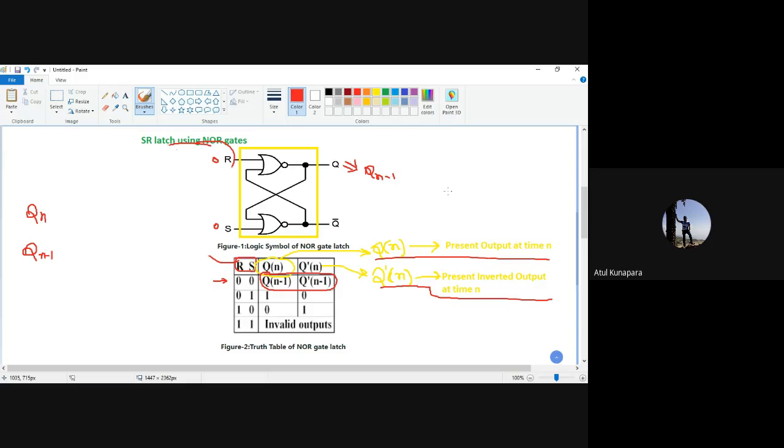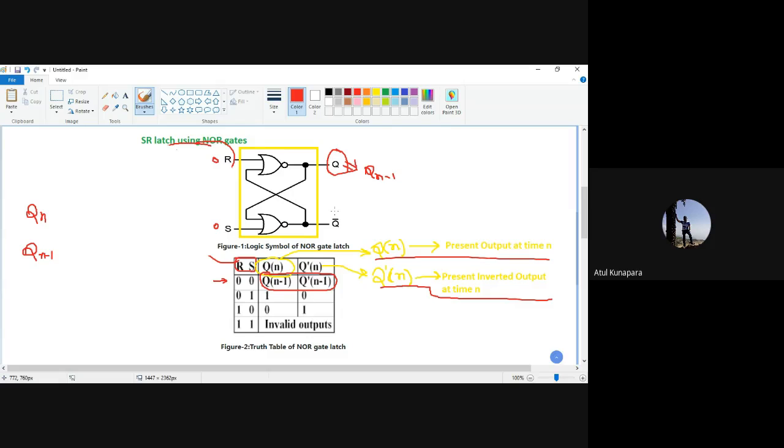So in short, whenever you give 0, 0 input for R and S both, at that time your output is not going to change. By writing Qn minus 1 over here, it means that whatever output was previously coming at Q and Q bar will remain as it is.